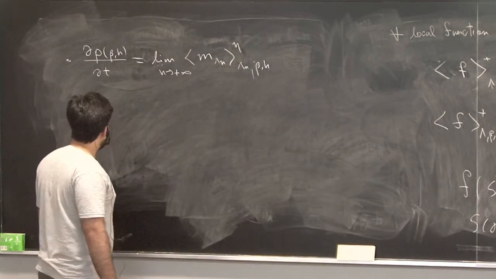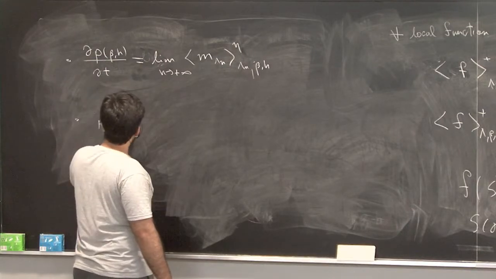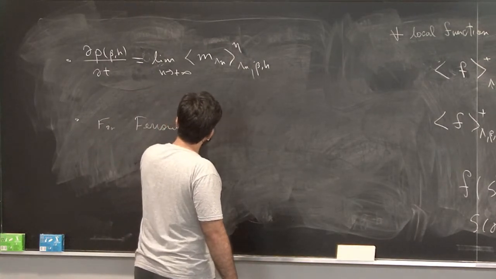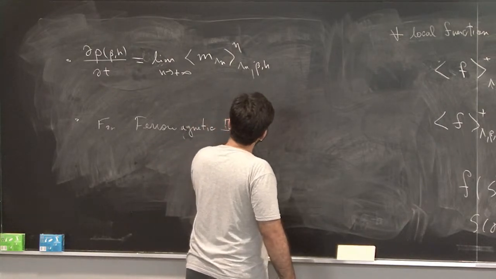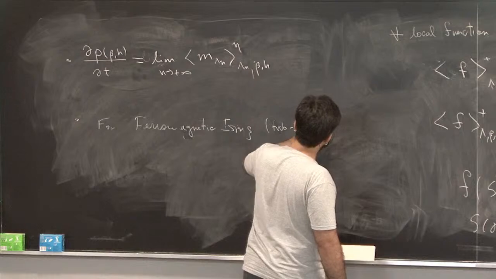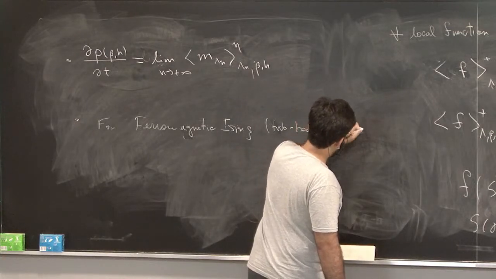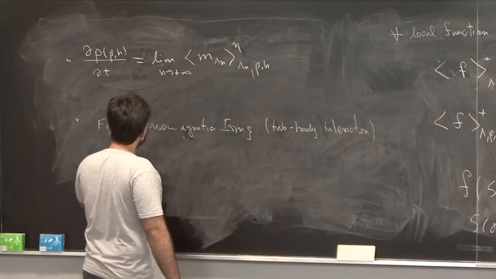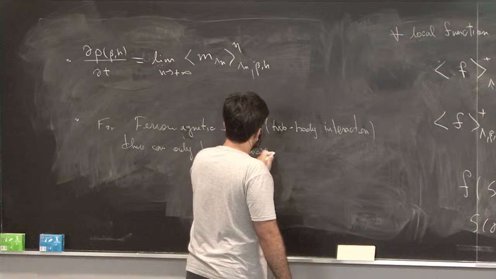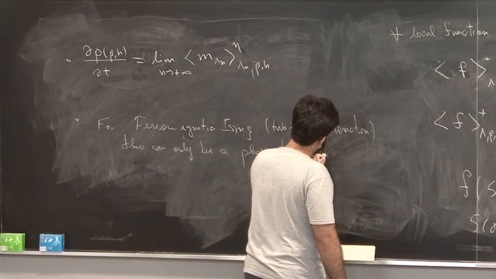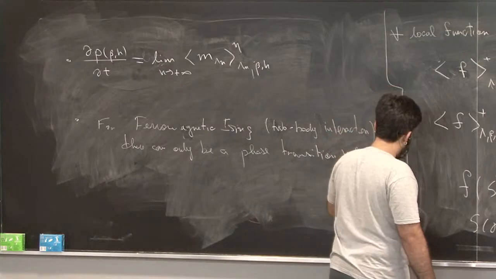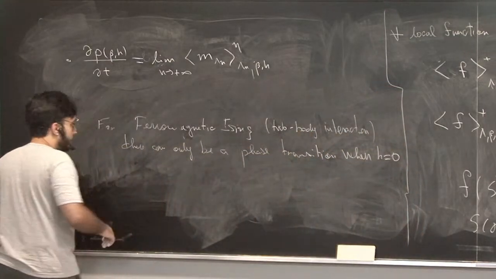Another consequence is that for ferromagnetic spin systems, Ising with two body interaction, there can only be a phase transition when h equals 0.